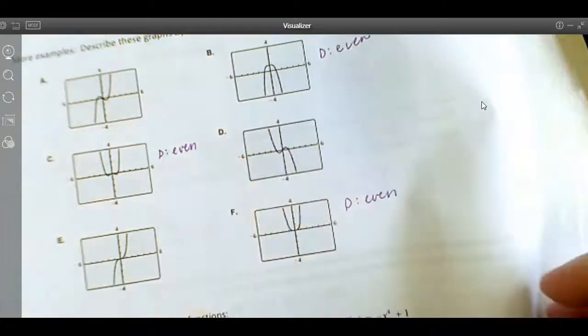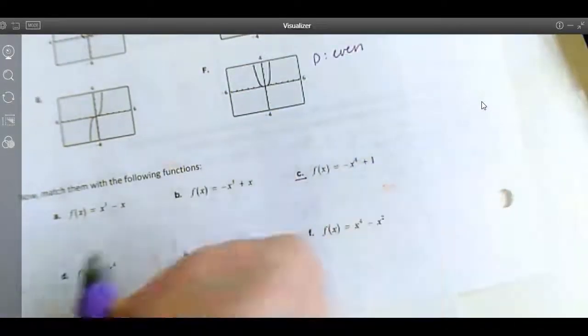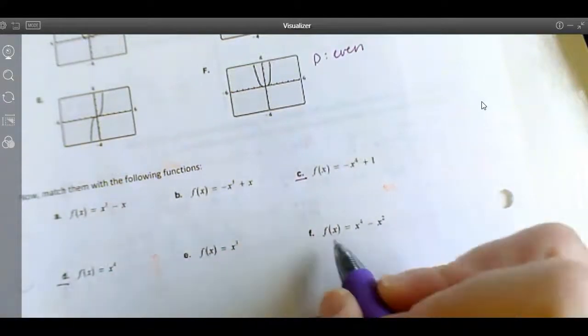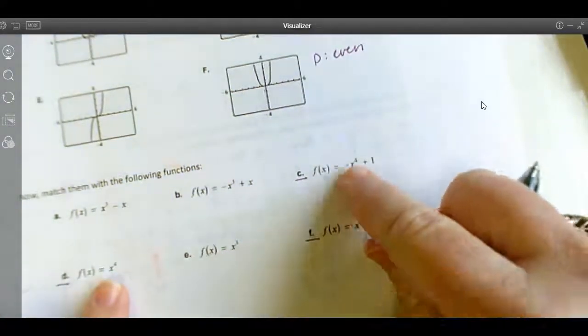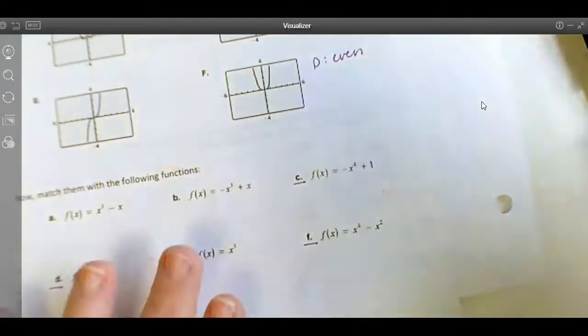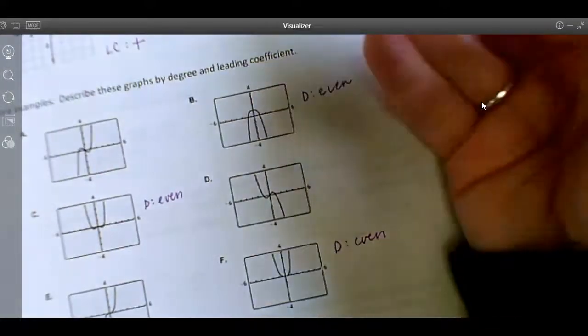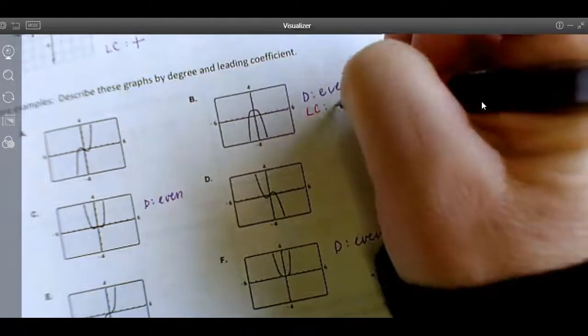Okay? So when I look down at my choices down here, C is even, D is even, and F is even, because of the highest power. Now, the other thing that's interesting about those three is this one's going down. Because it's going down, I know the leading coefficient is negative.